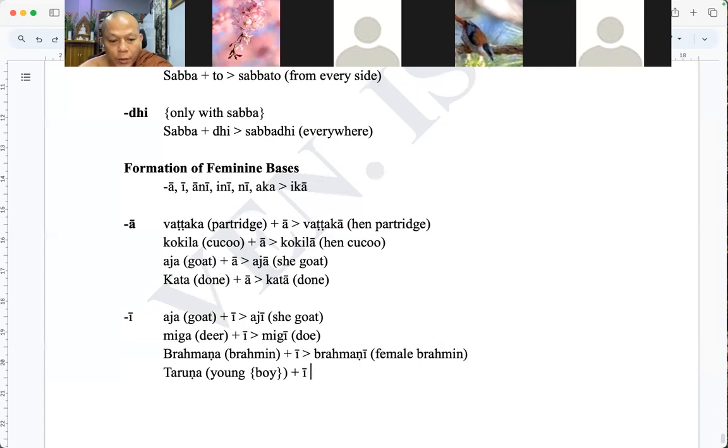With the E it becomes Taruni, so at that time, a young girl. In this way, those are feminine nouns.